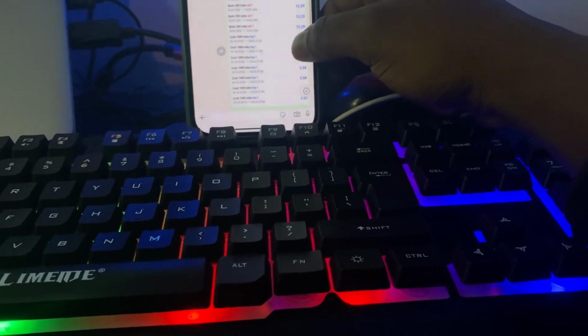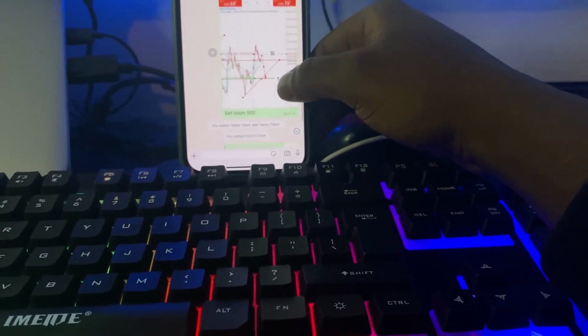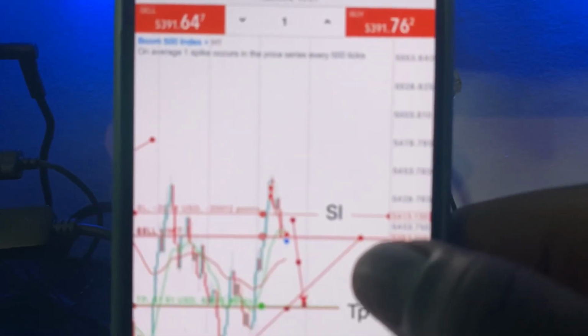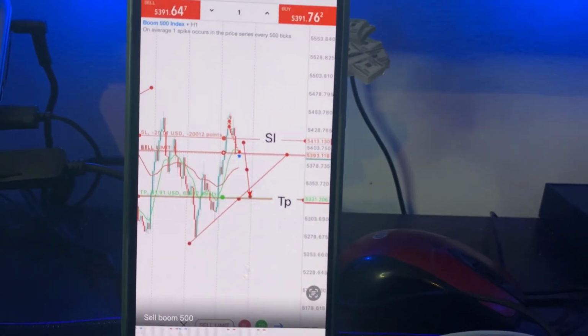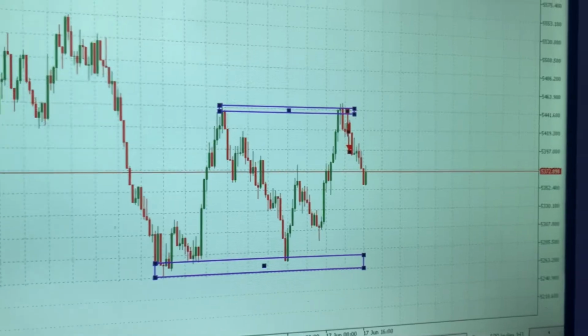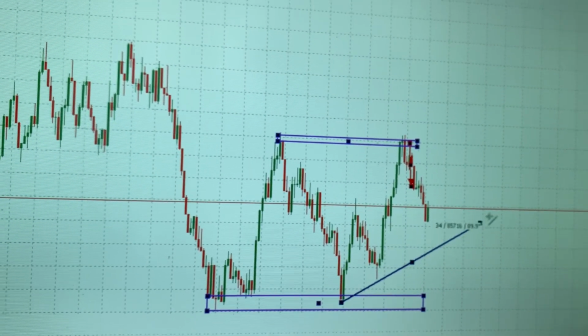Okay, I'm going to show you another setup that we actually took using the same strategy, and it was another sell trade on Boom 500 again. We sold Boom 500, and this was mainly because I identified that we had formed this trend line right here.